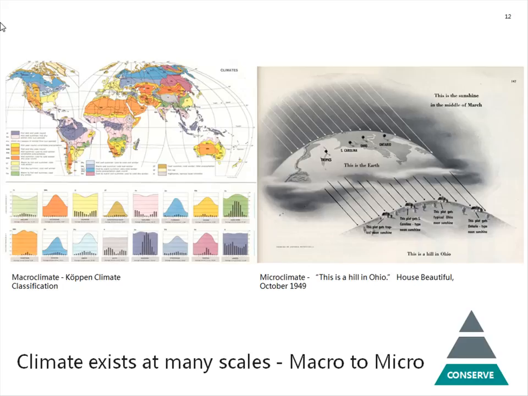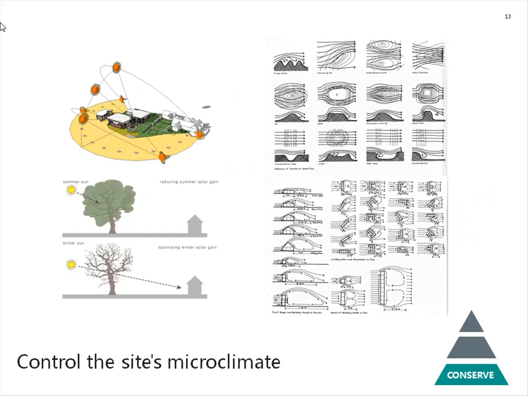So this is a drawing basically showing that climates exist on a hill, which just happens to be in Ohio, in the same way that climates may exist over a much larger geographic region, largely having to do with sun exposure. Again, all of us don't have big sites where we can choose to put a house in different places on the site, but where it exists in the site in terms of solar access is a significant conservation decision.